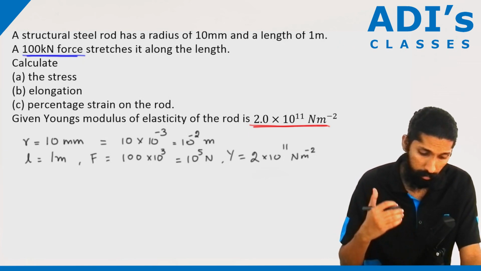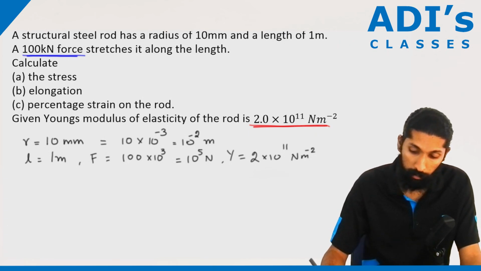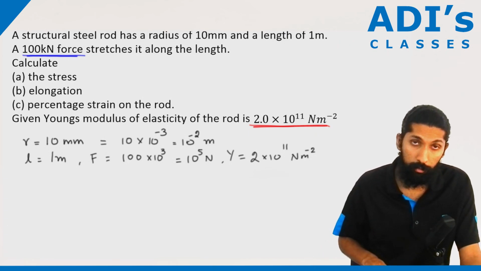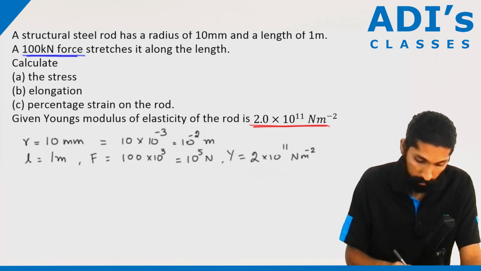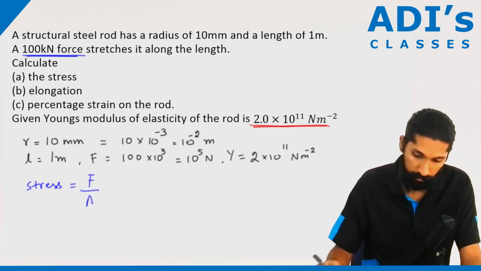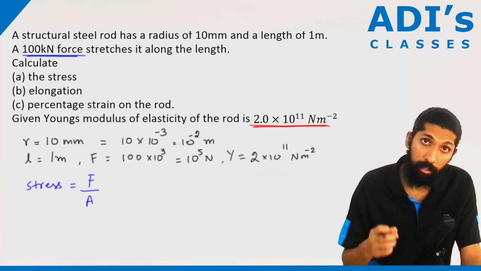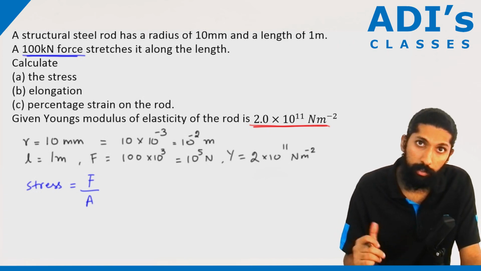Now let's calculate the stress. What is the formula for stress? First let's write down the formula. Stress is equal to force by area. Force is given, and area you have to calculate. We can use pi r square.